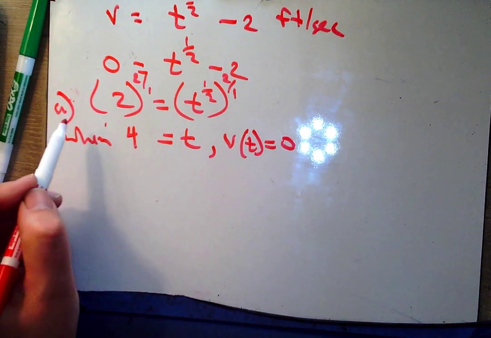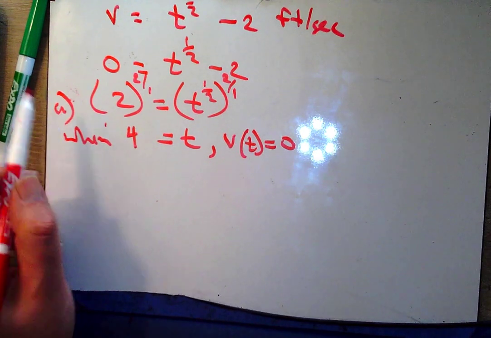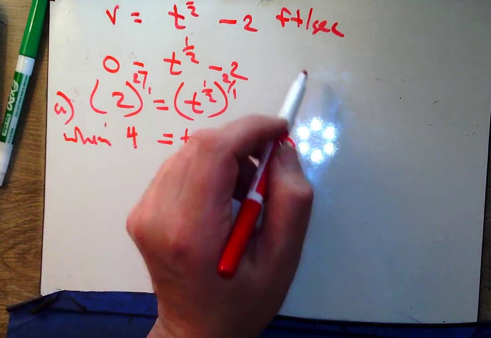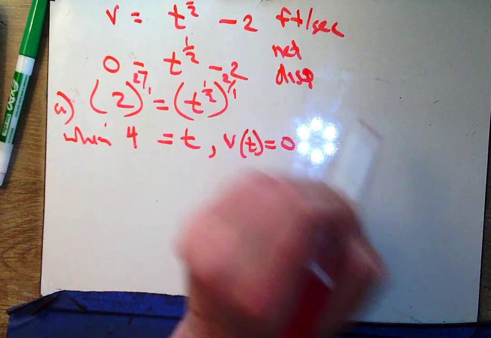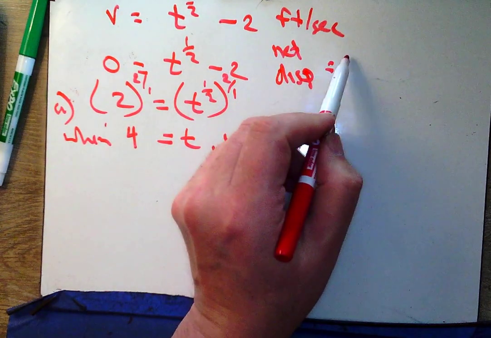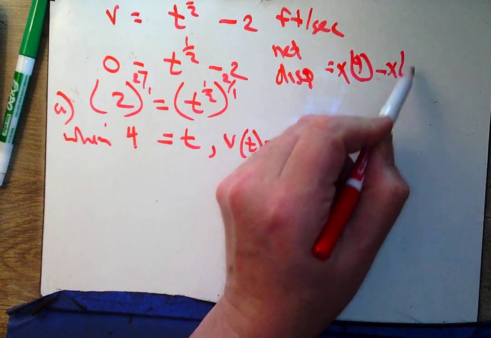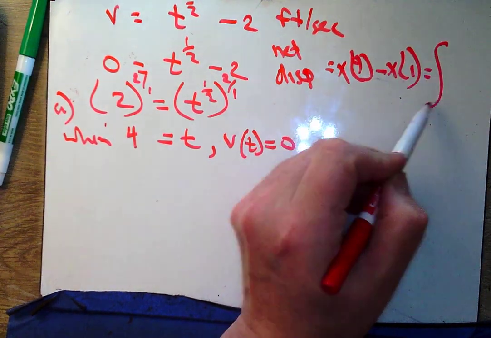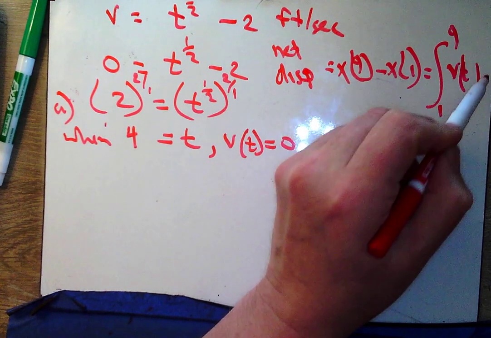There's part A. Part B, find the net displacement on 1 to 9 seconds. Well, we know that displacement, even more emphatic net displacement, is x of 9 minus x of 1. So that's going to be the integral from 1 to 9 of v dt.